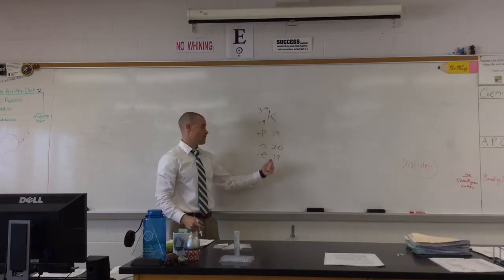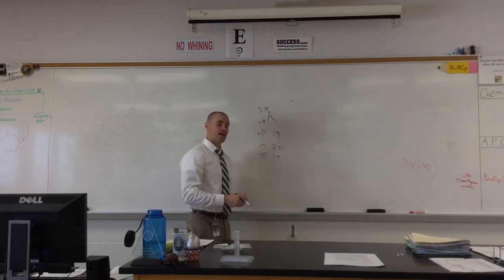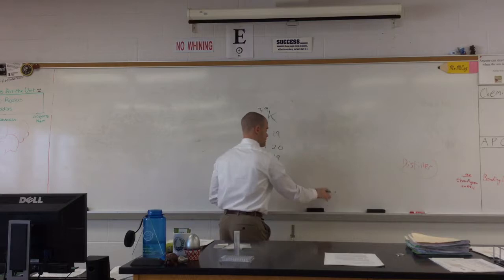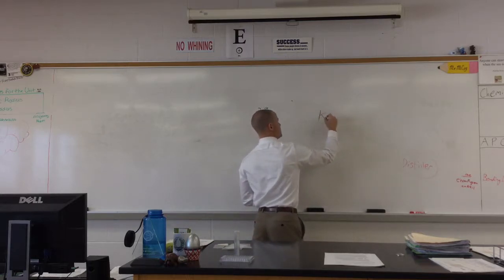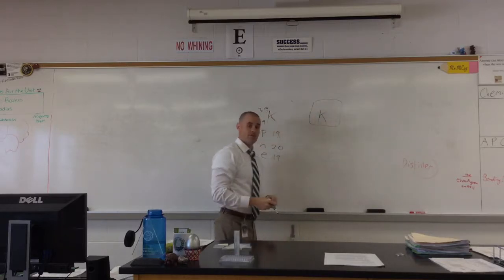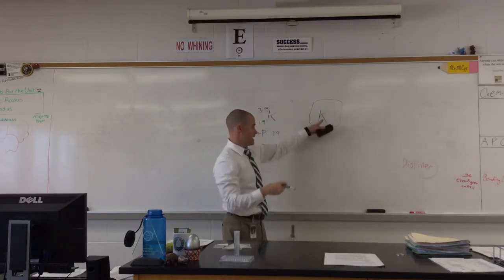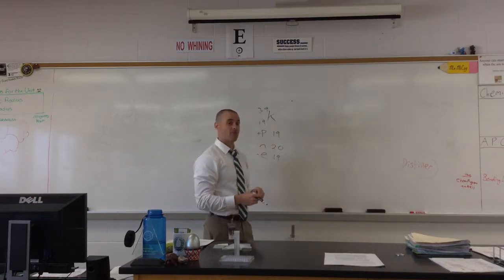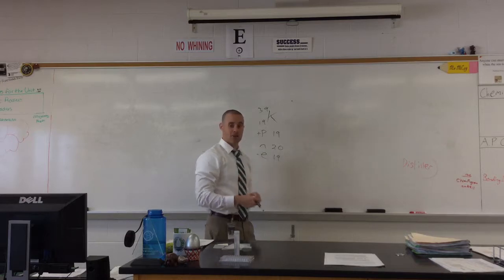Again, review from yesterday. If you look inside the box on the periodic table, in the top right corner, there's a charge. All of group 1, potassium's in group 1, they all have a +1 charge in the top right corner of the box on the periodic table.